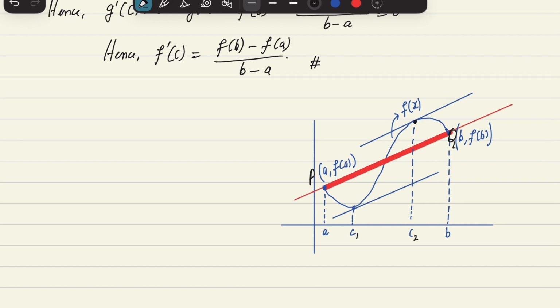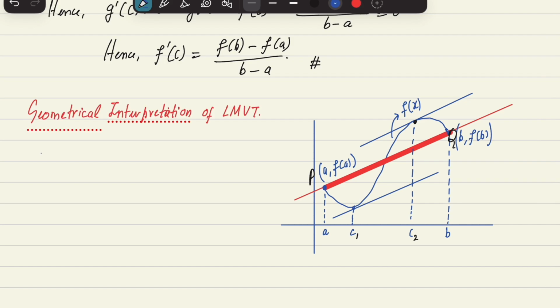Now let's analyze algebraically what the slopes of these tangents at C1 and C2 are, and what the slope of the secant joining the points P and Q is. So we mention it here. This is the geometrical interpretation of Lagrange's mean value theorem.